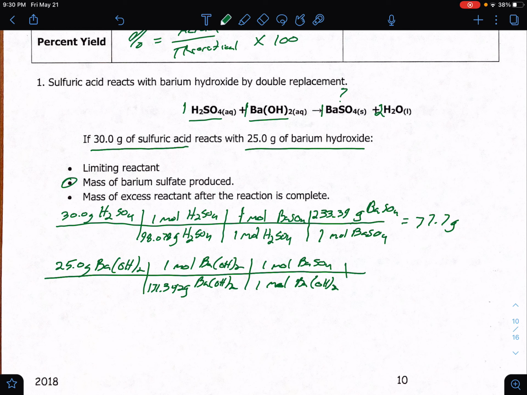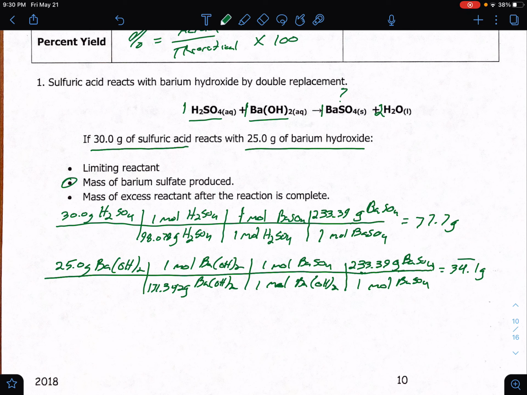Okay, so I need to go to grams. So I'm going to bring moles of BaSO4 on bottom. I know that 1 mole equals the mass of BaSO4, and I already have that just above it. That is 233.39 grams. So I'm going to multiply all that out, divide by the bottom. That gives me 34.1 grams of BaSO4.